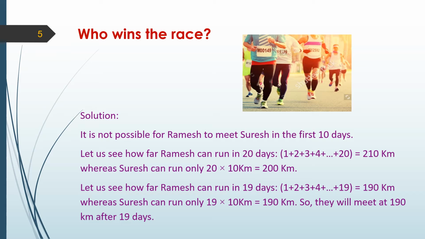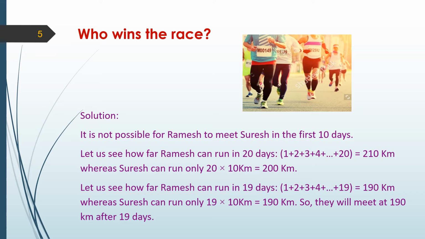So let them find. Every student will find differently. Maybe a student can find the 11th day, 12th day, 13th day, and so on. Or randomly they can find how much distance Ramesh would have run in 20 days, and Suresh will travel only 200 kilometers.